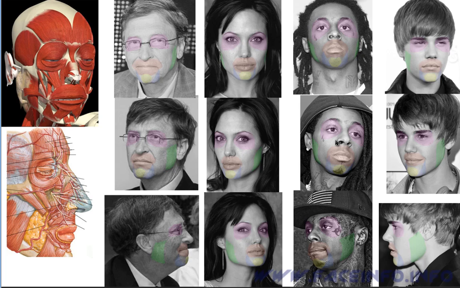And also, this is a palpebral part of orbicularis oculi muscle. That part. It shapes the eyelids. And it's obvious in these photos, it's clearly drawn by eyelid folds.